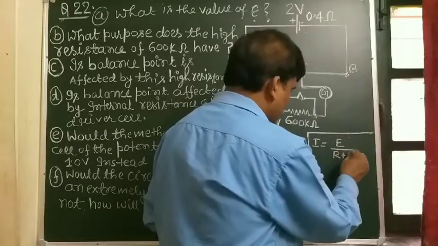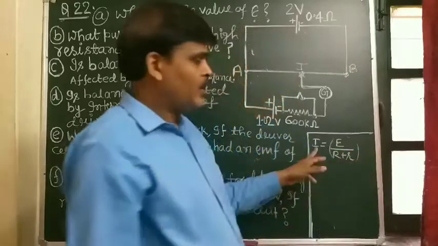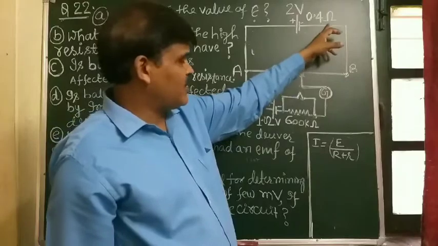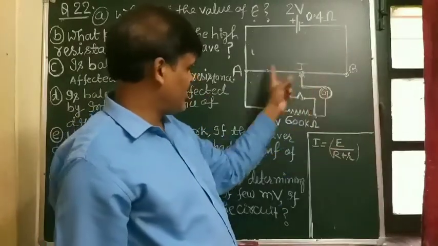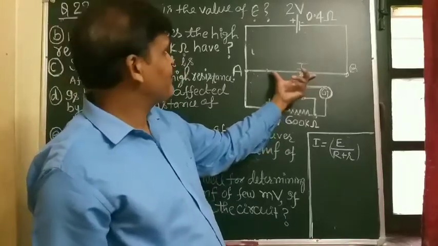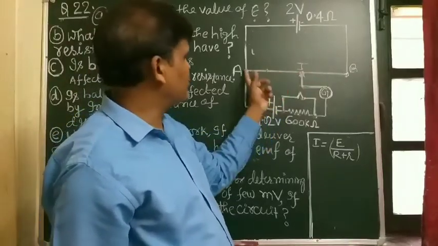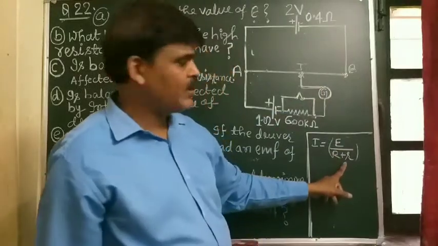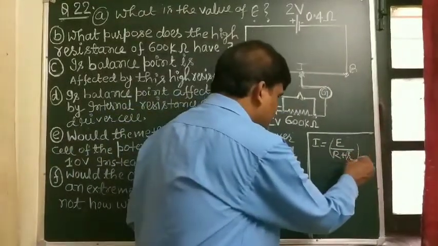R plus R. When 0.4 ohm resistance is connected in series with the resistance R of the potentiometer wire, suppose the resistance of the potentiometer wire is R. So what will happen?